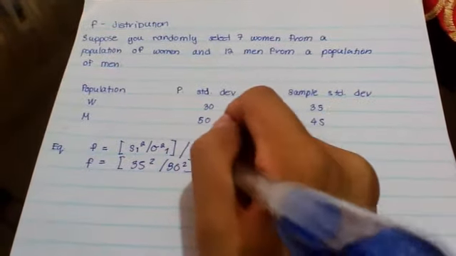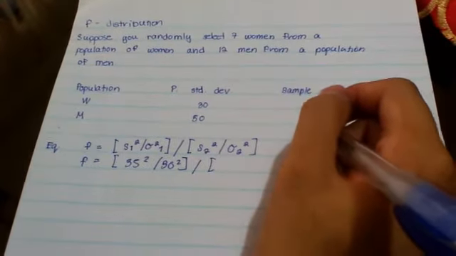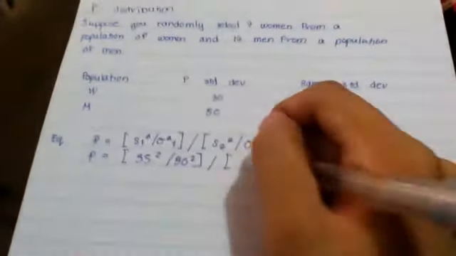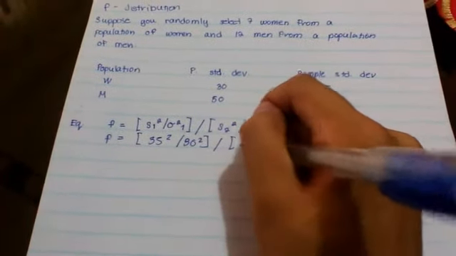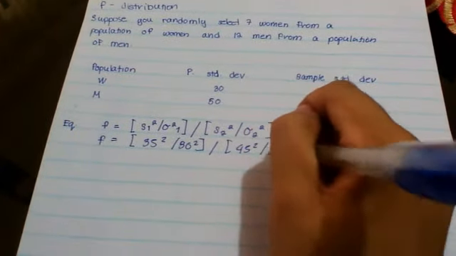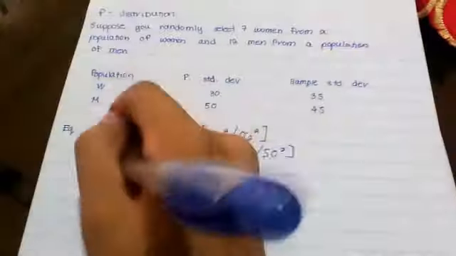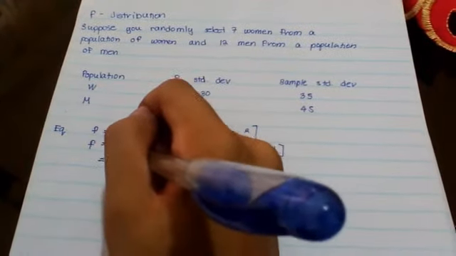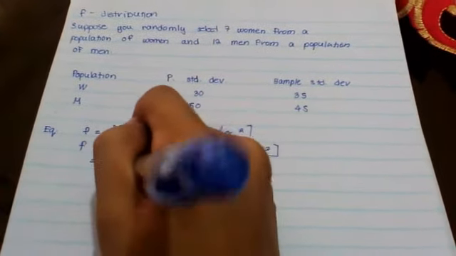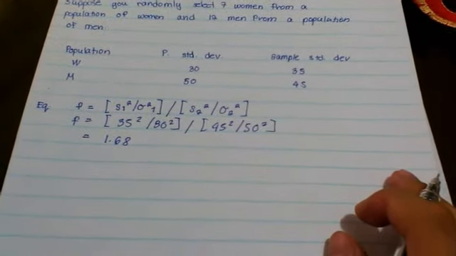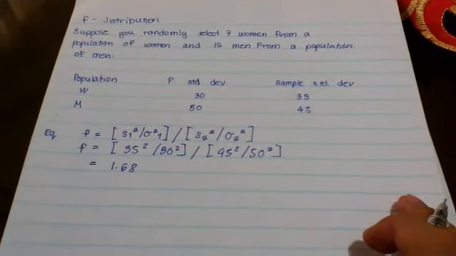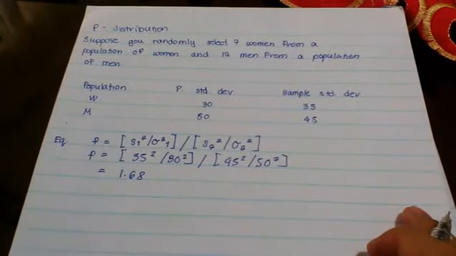all over S2 and population sample of 45. So 45 first on top and 50 at the bottom squared, which if you're gonna take your calculator, you're gonna have 1.68. So we also need to determine the calculation for the numerator of degrees of freedom.